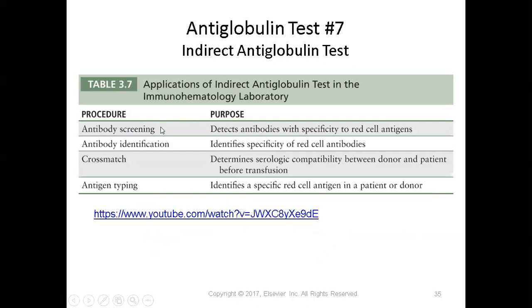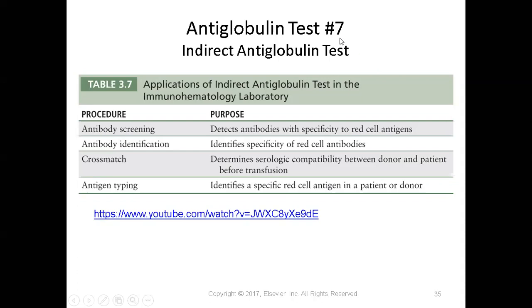As part of antibody screen, as part of antibody identification with the panel, in a test called a cross match, which we'll learn about later, which is where prior to a transfusion, we combine the patient's serum or plasma with donor red cells that we're thinking of transfusing in them to see if they're compatible. And also an antigen typing, okay, for specific red cell antigens that may be present on patient or donor cells.